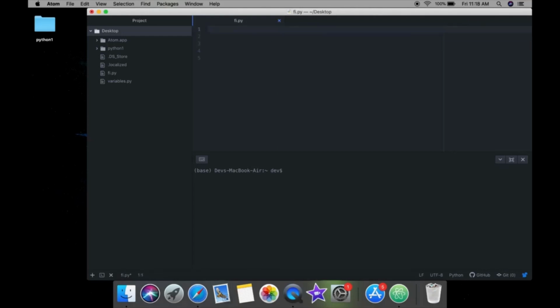Now another concept here: the restrictions on variables. Restrictions on variables doesn't mean you cannot define the variable. It just means how you can define the name of the variable. If I have x is equal to 13, then it works. If I have x underscore 1, it will also work.